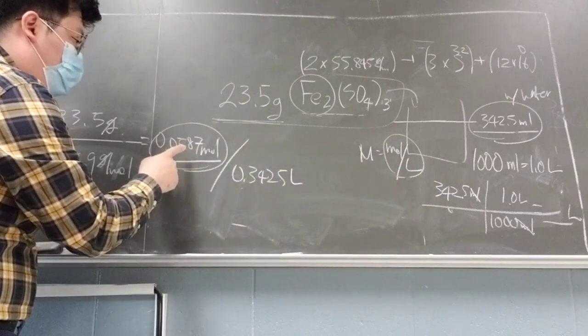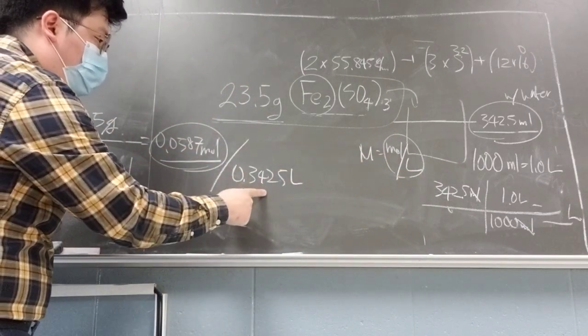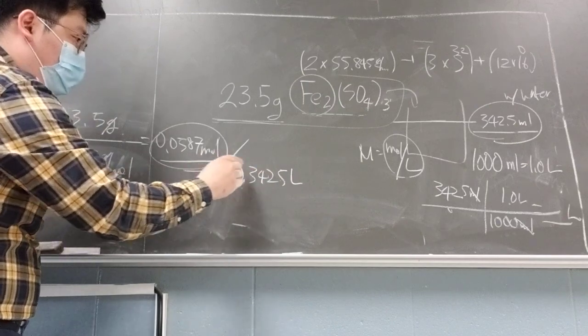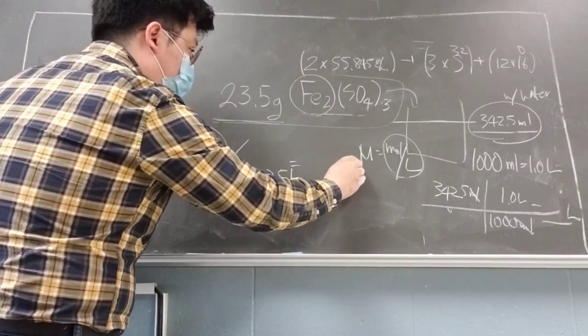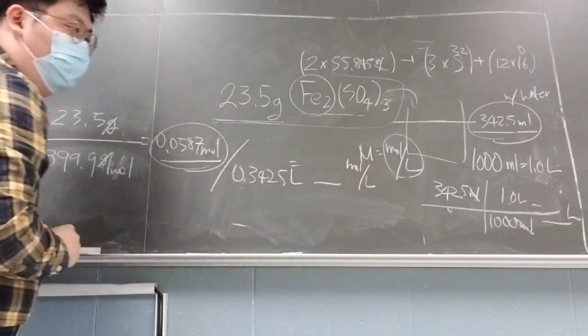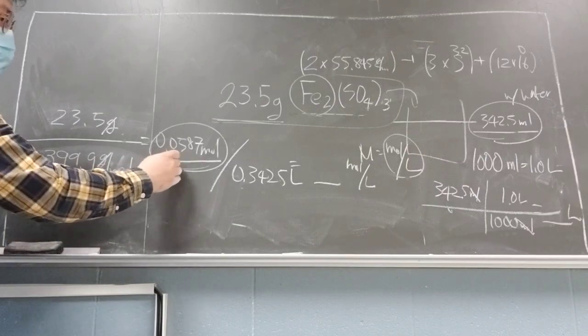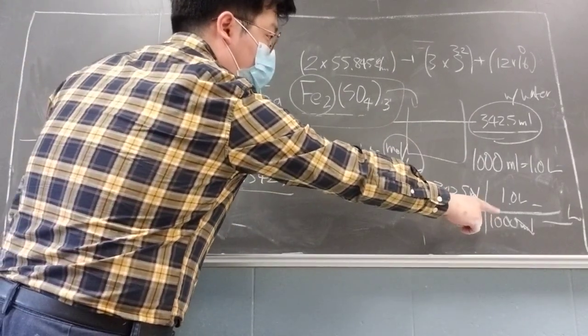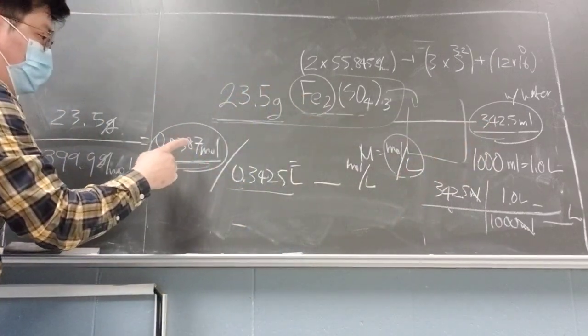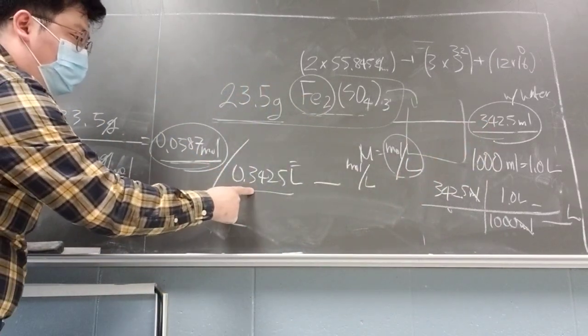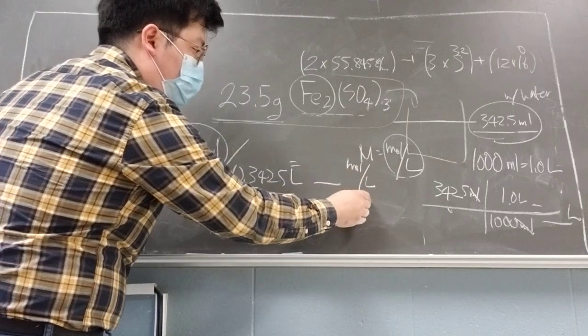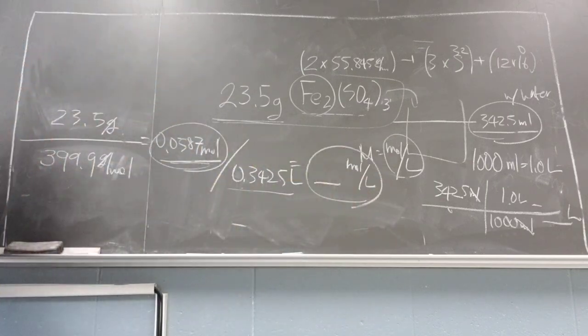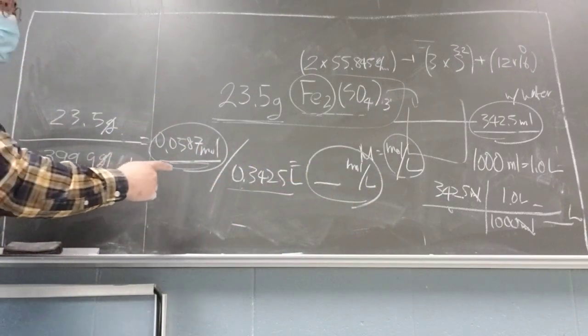That's why we're dividing these numbers in moles by ones in liter. So you can have a number in moles per liter. Because this is a number in moles, this is a number in liter. We just convert it to the liter there from milliliter. If you divide that number in moles by the number in liter, that is moles per liter, which is concentration.